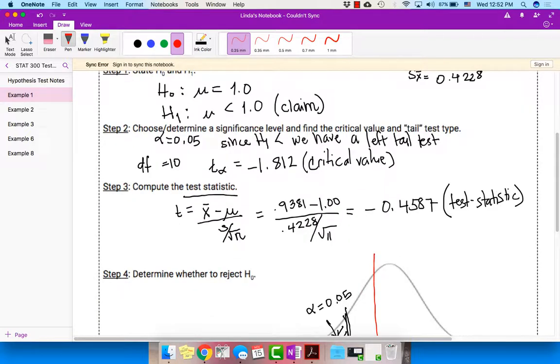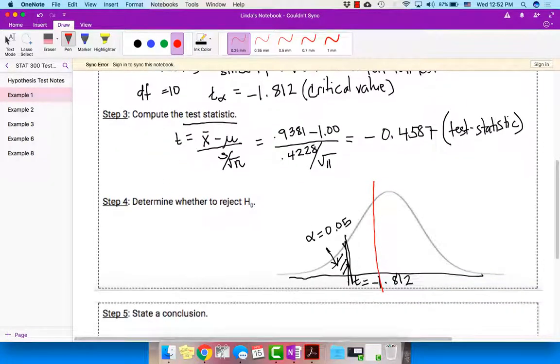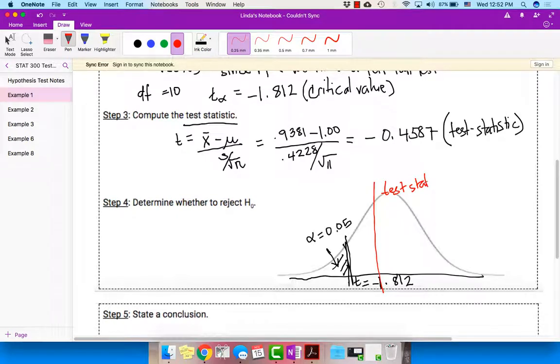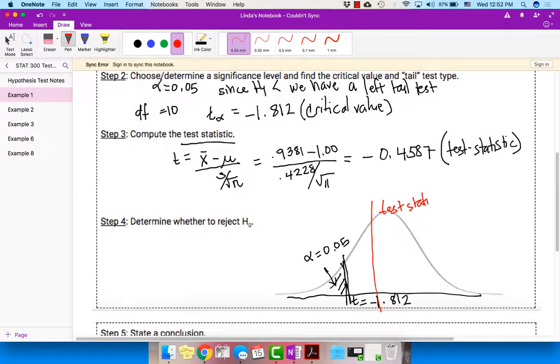This value right here is called the test statistic. So you see that the critical value is on the left and the test statistic is on the right. Another way for me to say this is that the test statistic value falls outside of this critical value region right here.